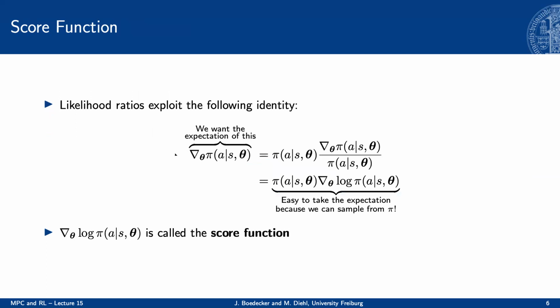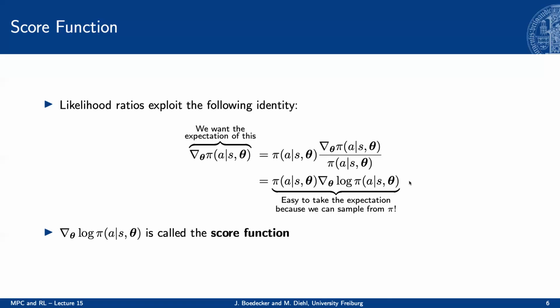And in order to figure out the expectation of this gradient of the policy with respect to policy parameters theta, we basically do a little trick. We can just multiply and divide by these probabilities as given by the policy, and then if we take a look at this ratio here, the gradient of the policy divided by the policy itself, that's basically the gradient of the log of this policy, right?